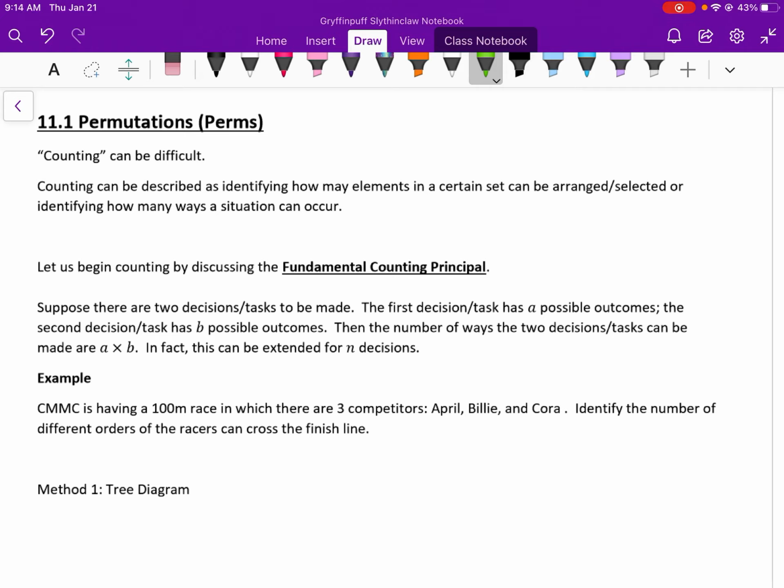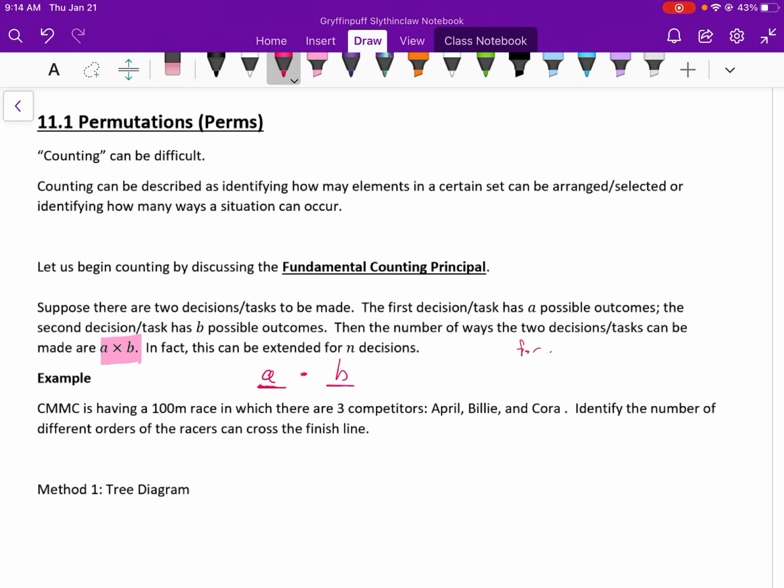Then the number of ways that the two decisions can be made is A times B. The reason is, if I know that the first task has A possible outcomes, I simply multiply that by the number of outcomes B has. Now, this is just for two.